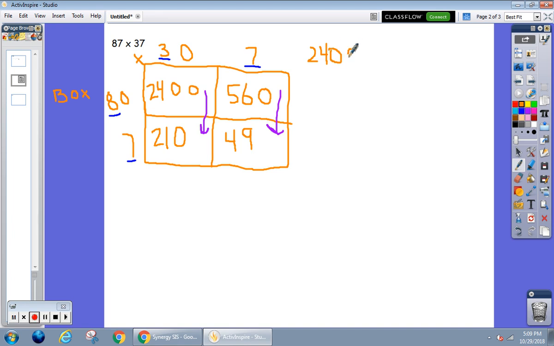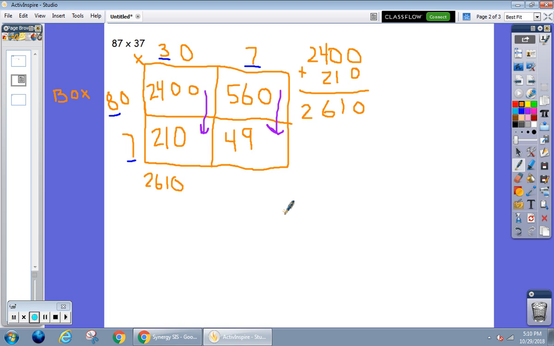I have 2,400 plus 210. All right, 0 plus 0 is 0, 0 plus 1 is 1, 4 plus 2 is 6, and the 2 on the end here. All right, so I have 2,610.